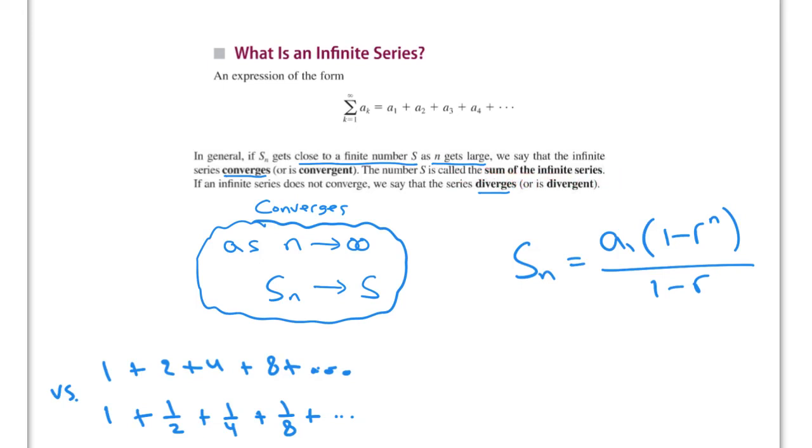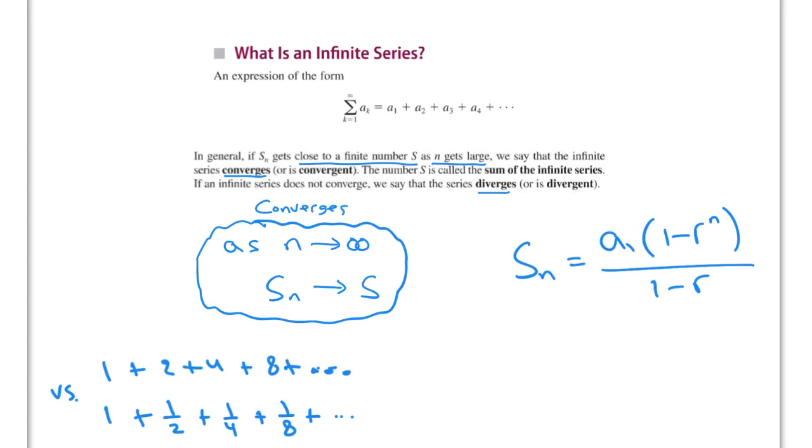But if you look closely at the wording here, if s sub n gets close to a finite number s, we say that it converges, and that number s is called the sum. So if you want to get really technical about it, it doesn't necessarily equal that sum, but it's getting really, really close to it, so we kind of say it equals that sum. All right, infinity is kind of a weird thing.